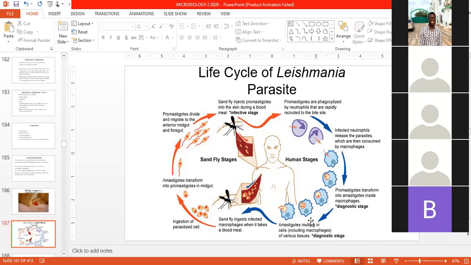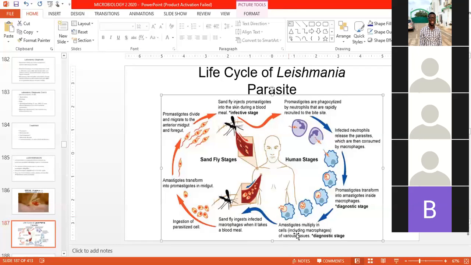Now, within the macrophages, there is division ongoing. Then another sandfly comes for a blood meal.